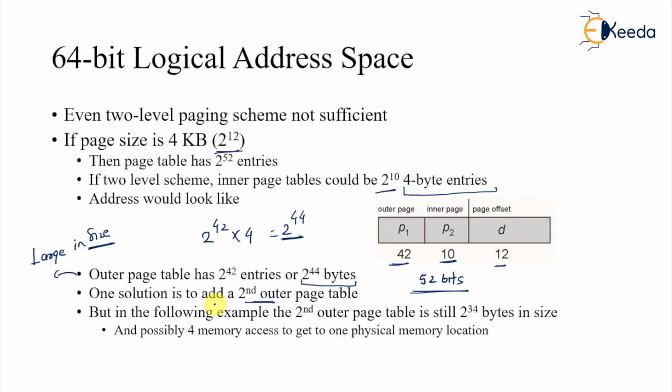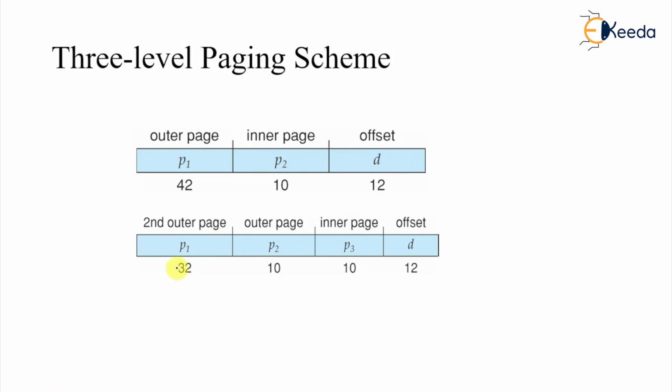We can have as many page levels as needed. So this is a two level paging scheme with outer page, inner page and offset. With a second outer page, then an outer page, then an inner page, and then an offset, we keep on dividing.